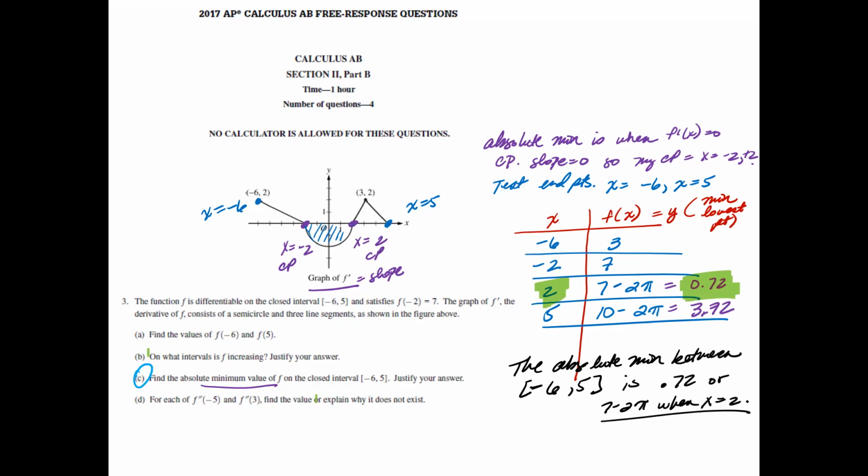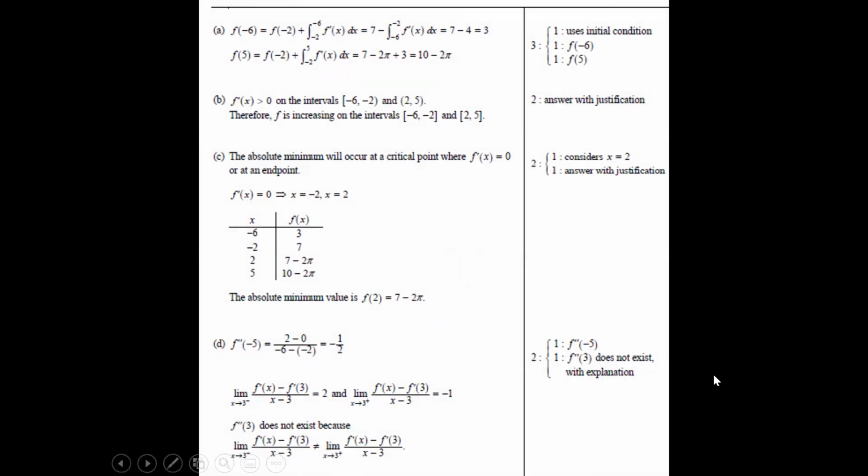And that's enough justification for that. So looking at the breakdown of this, your absolute minimum is worth 2 points. If you have x equals 2 and then you provide the justification, you will get the 2 points.